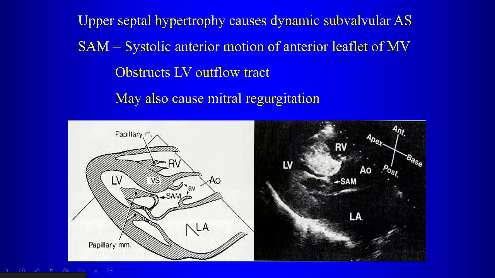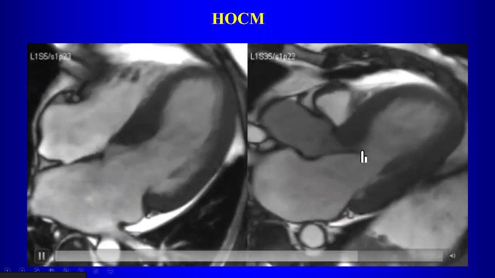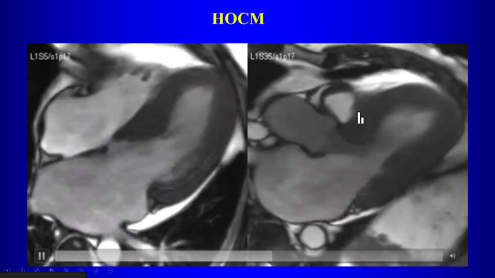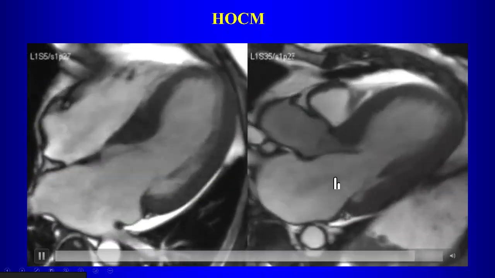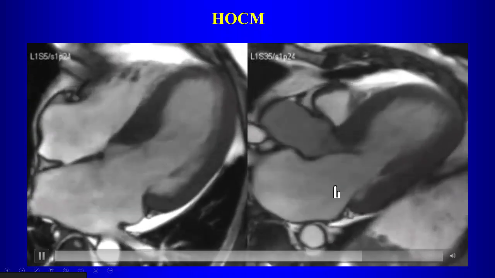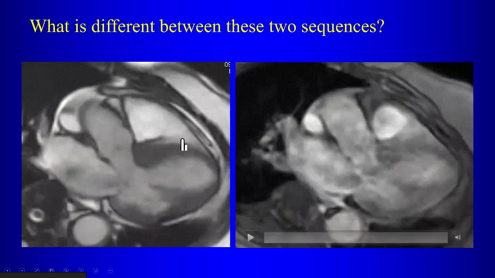That causes the mitral regurg, but it also aggravates the obstruction there in the outflow tract. So your typical features: high velocity flow along the outflow tract, hypertrophy of the interventricular septum causing the obstruction of the outflow tract, and then the bonus, the mitral regurgitation because of SAM in cases of hypertrophic cardiomyopathy.